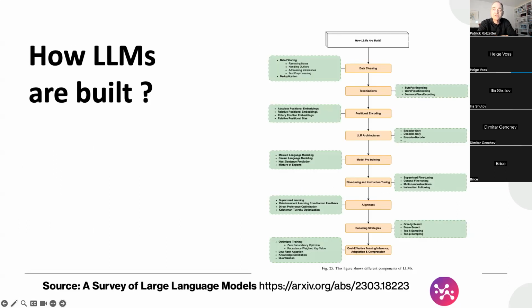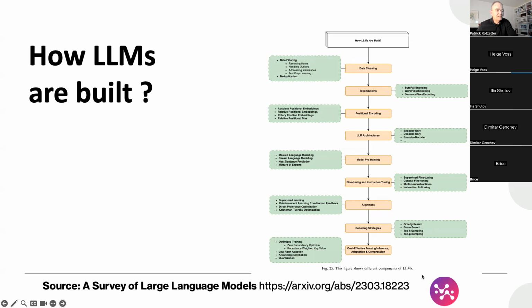And with these vectors, we also need to know the position of the words in the sentence. So we add the positional embedding to the embeddings. Then we decide on the architecture, decoder, encoder. We discussed that last time. And then we choose a strategy to pre-train a model.